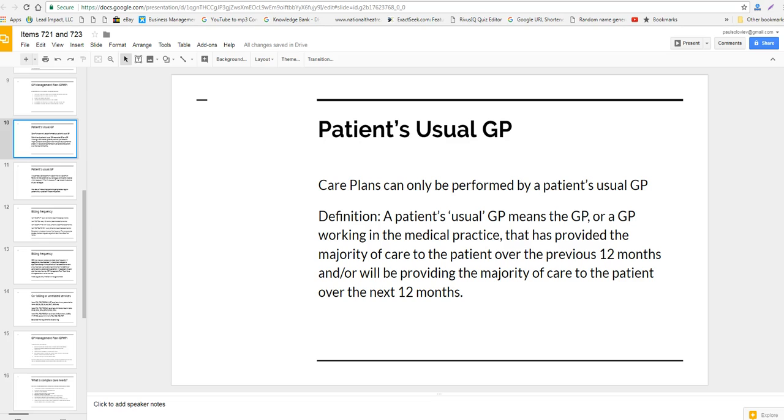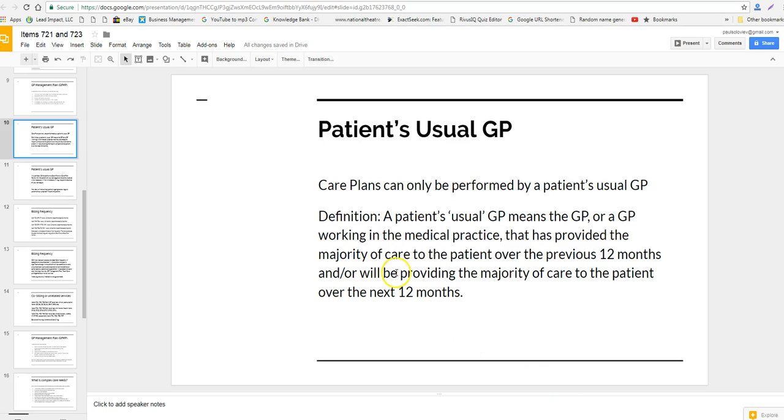Let's talk again about the definition. A patient's usual GP means the GP or a GP working in a medical practice that has provided the majority of care to the patient over the previous 12 months and/or will be providing the majority of care to the patient over the next 12 months. That's very interesting.